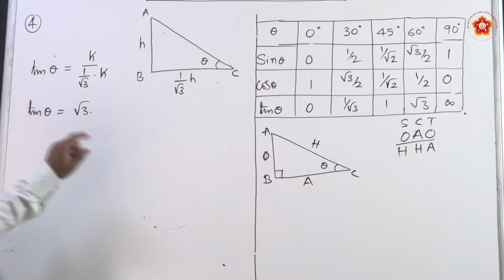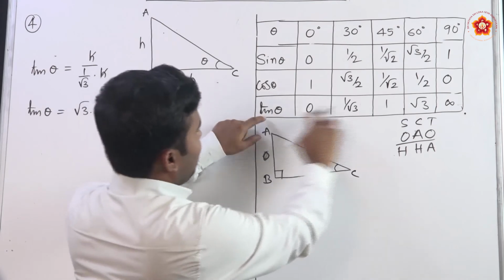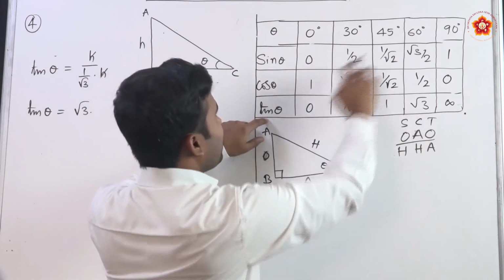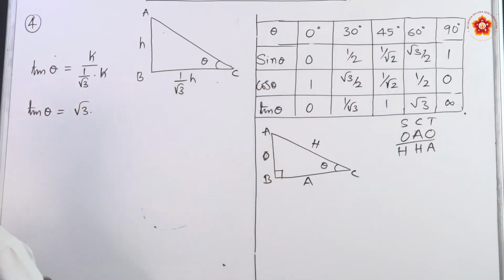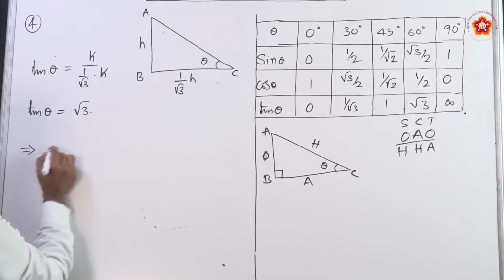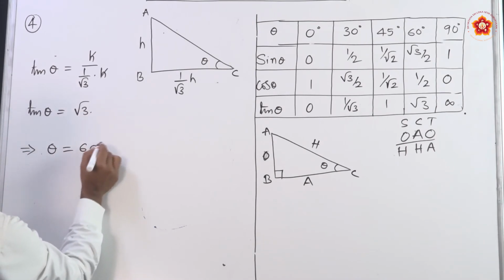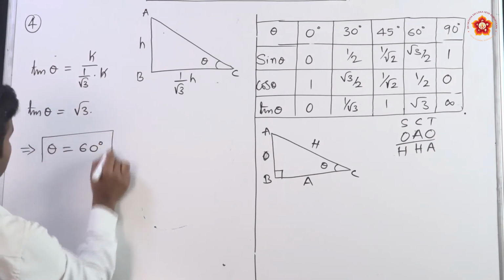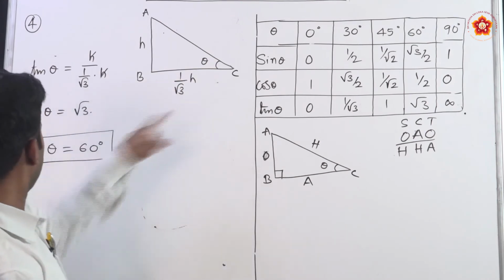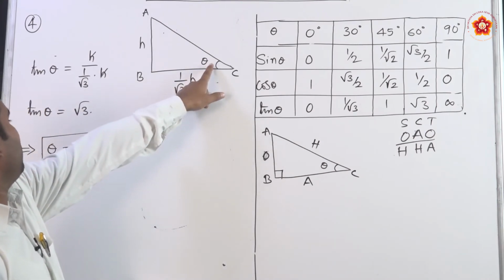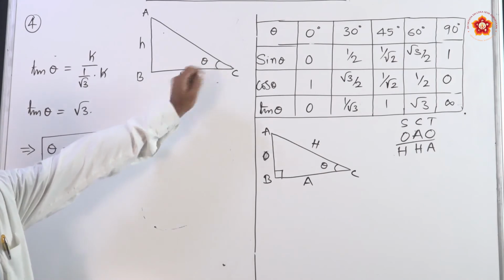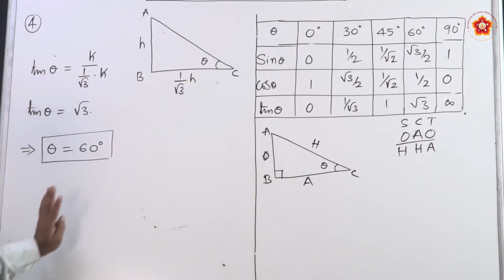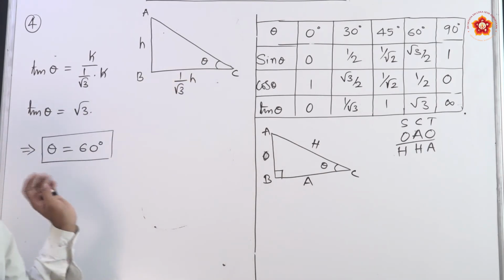So tan theta is equal to root 3. Tan theta is equal to root 3 when theta is equal to what? 60 degrees. Therefore, theta is equal to 60 degrees. What is the angle of elevation now? That is theta equal to 60 degrees. This is the solution of the given problem. Next problem.